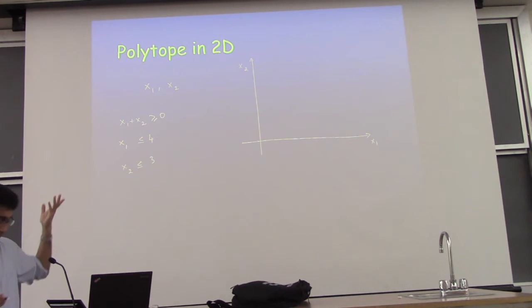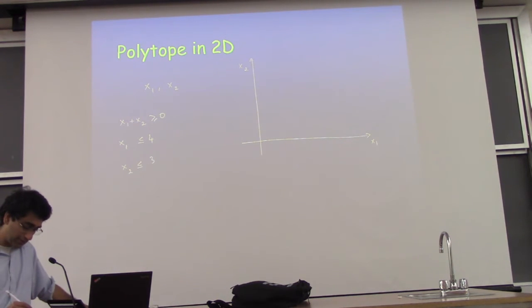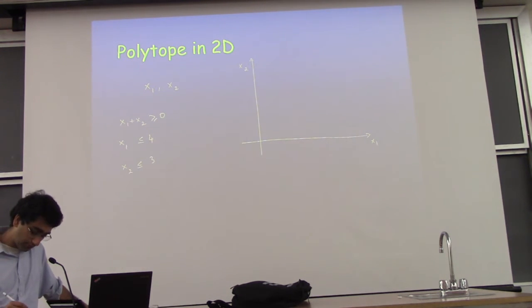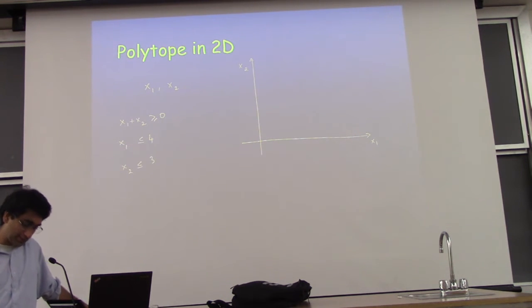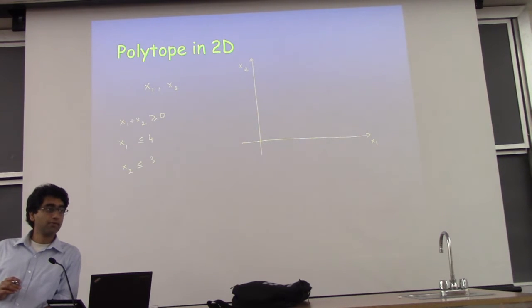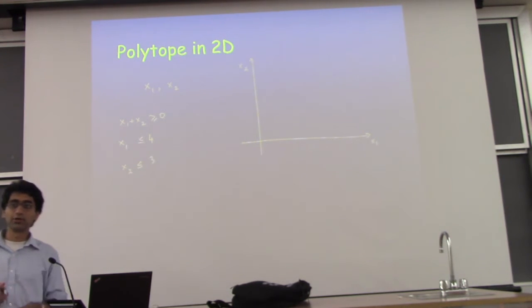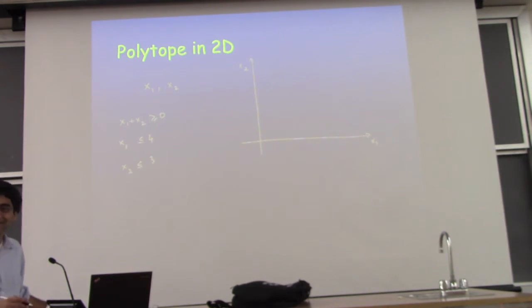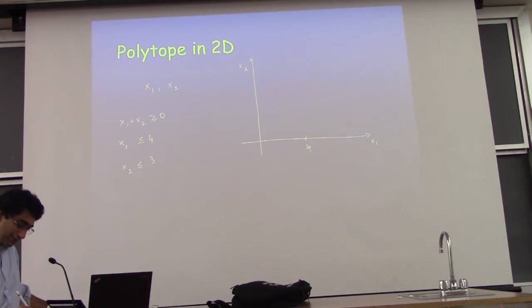And what does it mean? How does x1 less than or equal to 4 look like? Okay, so it's in the right direction. Yeah, so x1 less than or equal to 4 basically looks like you have x1 equals 4 and everything on the left of this.